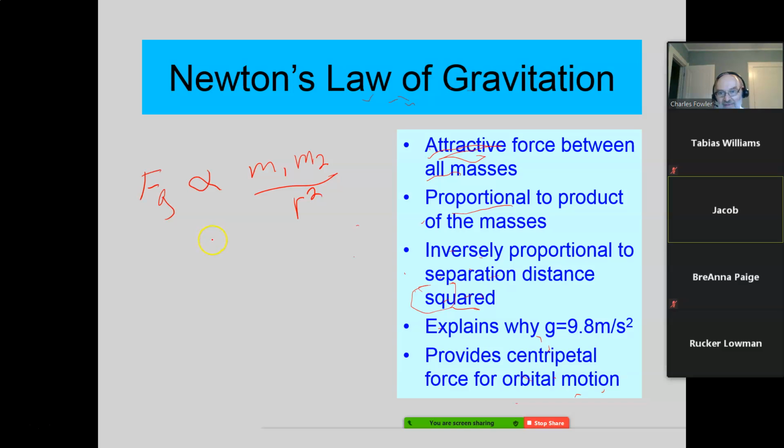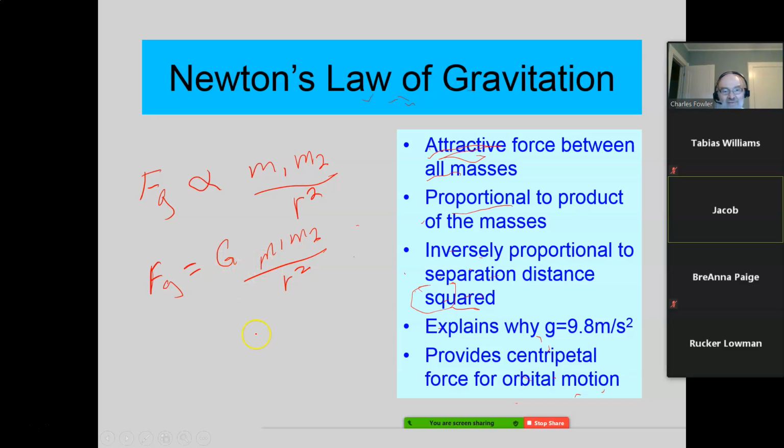That's a proportionality. Now, to make it an equation, we do F sub g is equal to some constant, and the constant they use is the universal gravitational constant, times m1 times m2 divided by r squared.